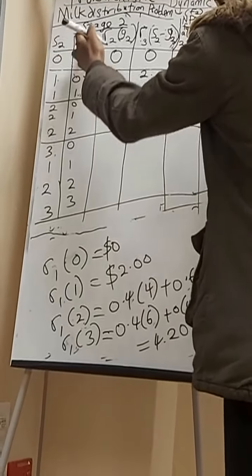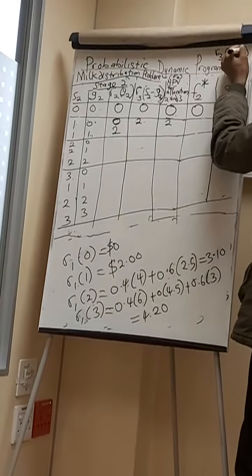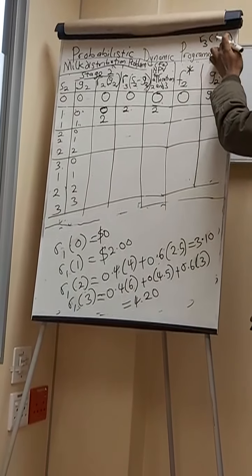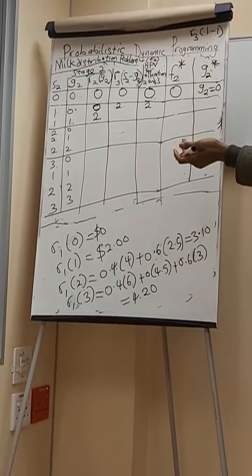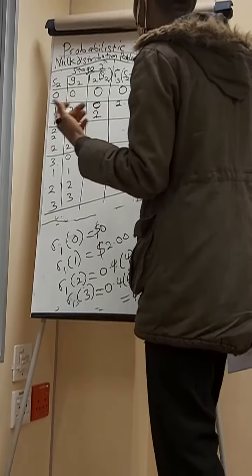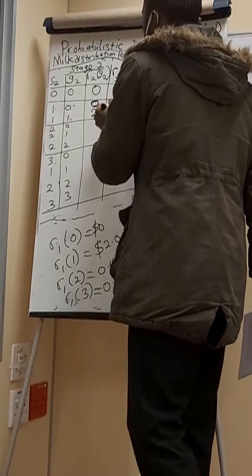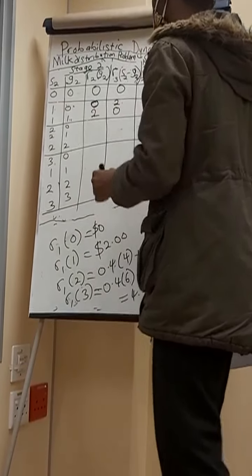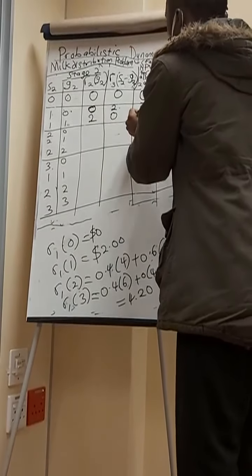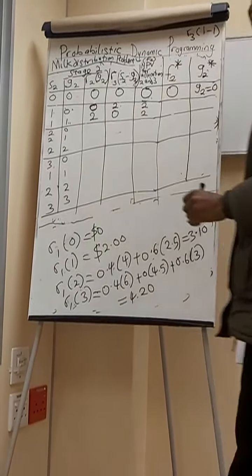S2 is 1, then G2 is 1 for that state computation. So that means R3 of 1 minus 1, which is R3 of 0. You check your stage 3 result, and R3 of 0 was 0. So you write it as 0, then 2 plus 0 is also 2. So that is the solution.